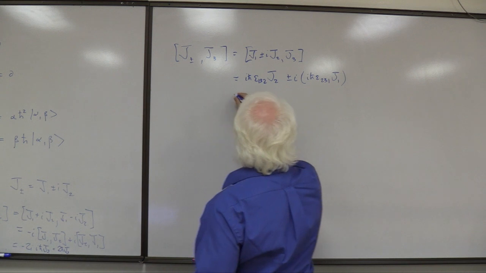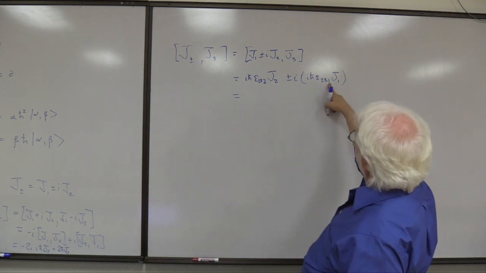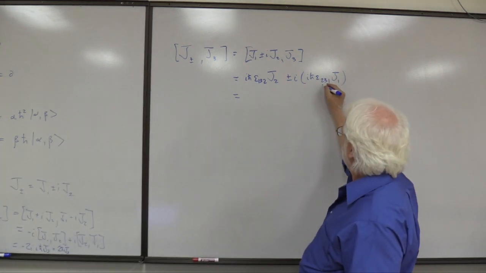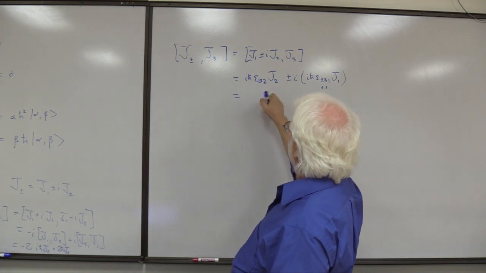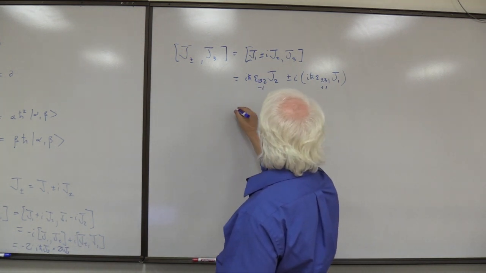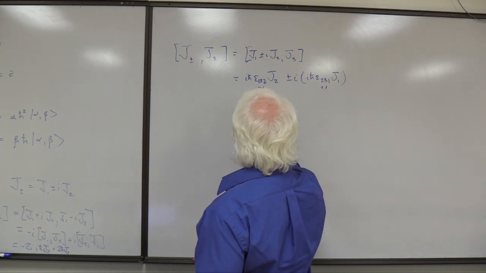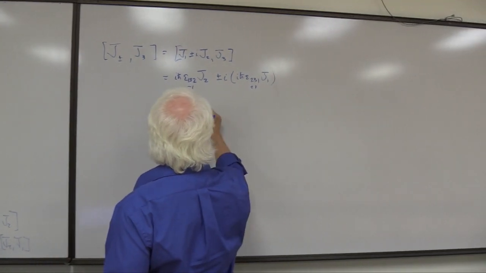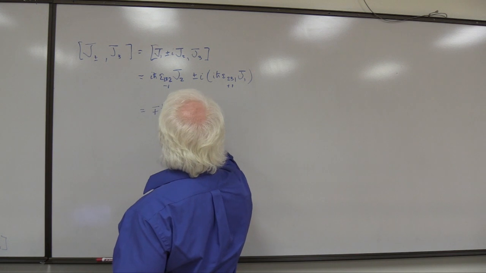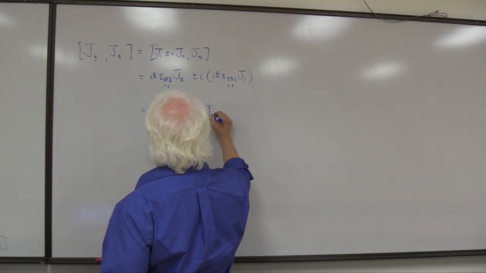And now, epsilon 2, 3, 1 is a cyclic permutation of 1, 2, 3. So that's plus 1. And 1, 3, 2 is a single interchange, so this is minus 1. So what we get is, here we have minus or plus h bar J1, and here we have minus i h bar J2.